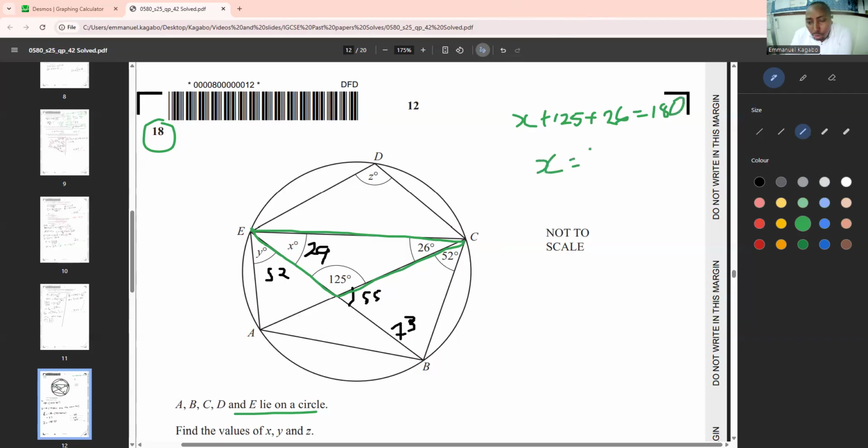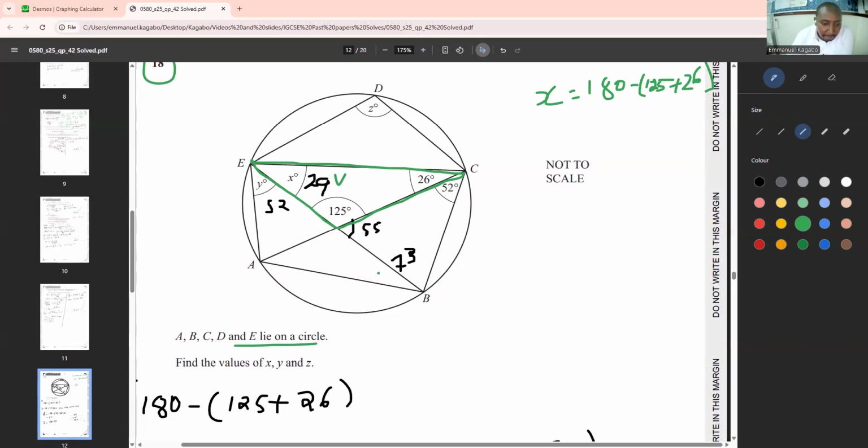Therefore, x will be equal to 180 minus bracket 125 plus 26. Are we together, guys? Okay, I hope you have understood that. So if that's the case now, and you subtract, x will be equal to that, done.